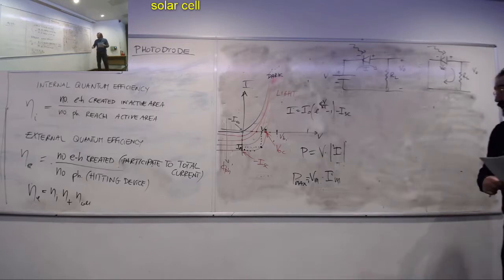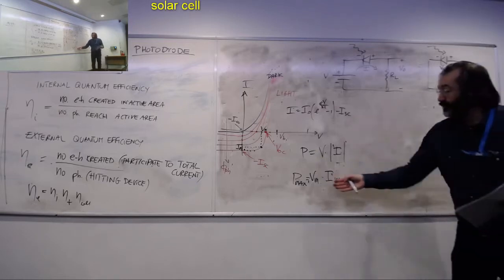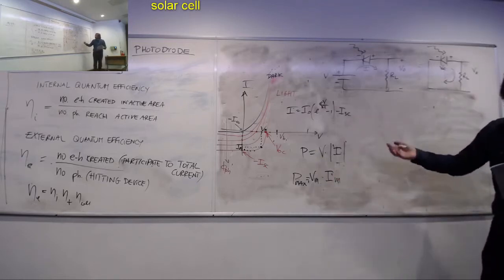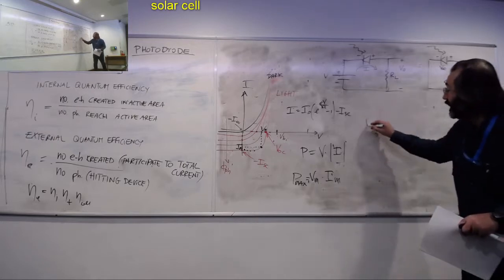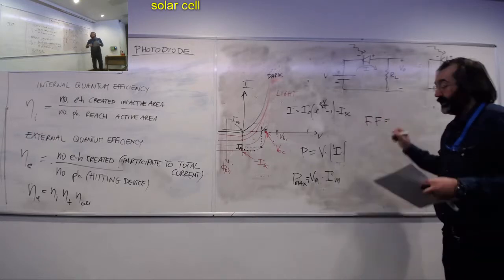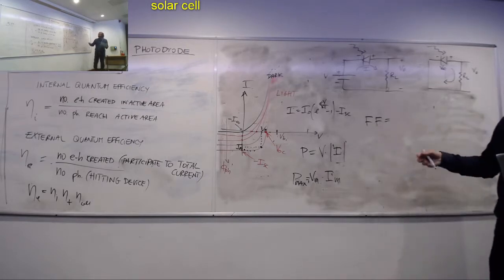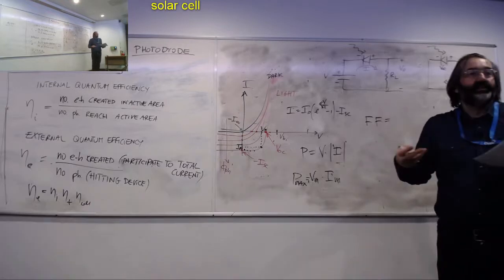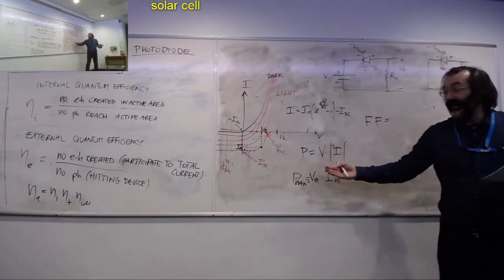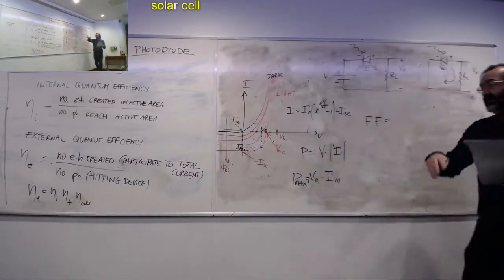And so if we manage to find this, we can then define an important quantity for the solar cell, which is the fill factor. The fill factor is telling us how efficiently we are using the solar cell if it has this characteristic.